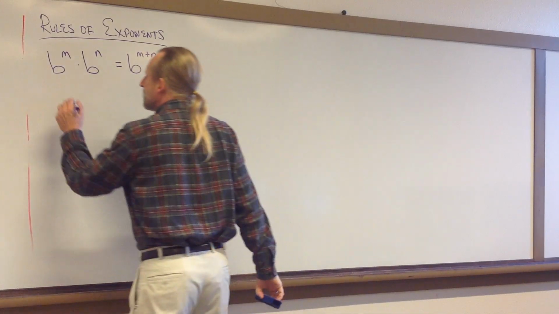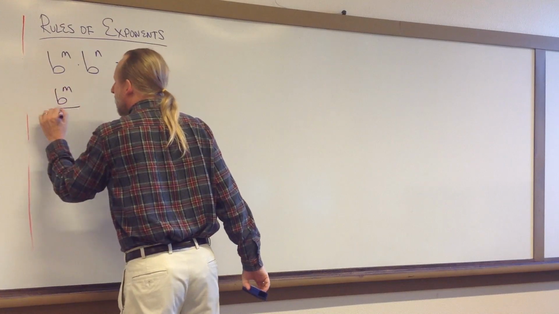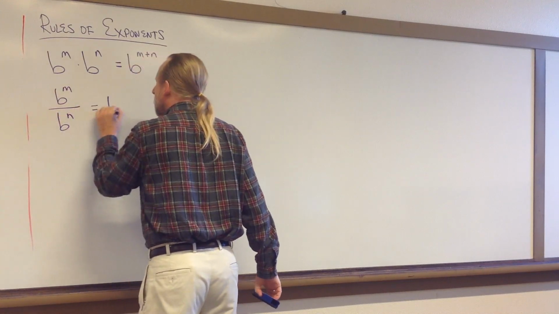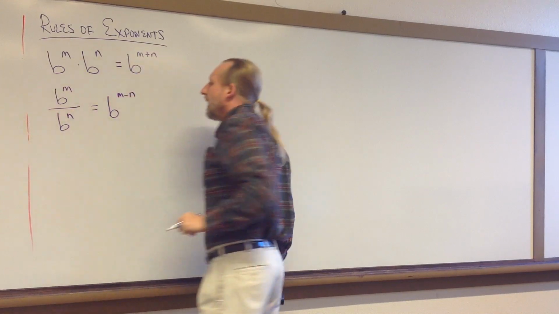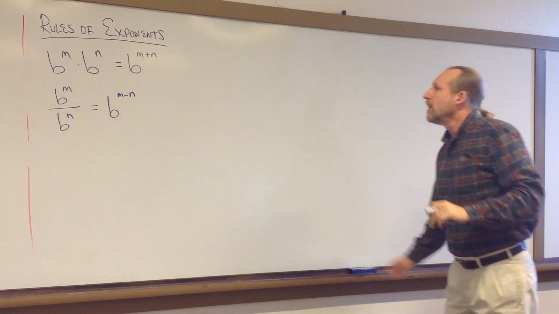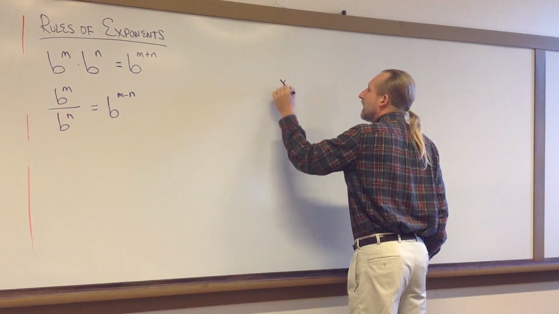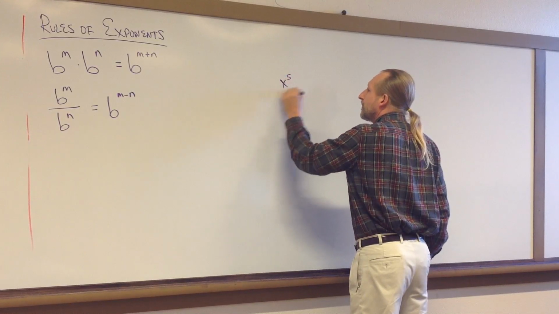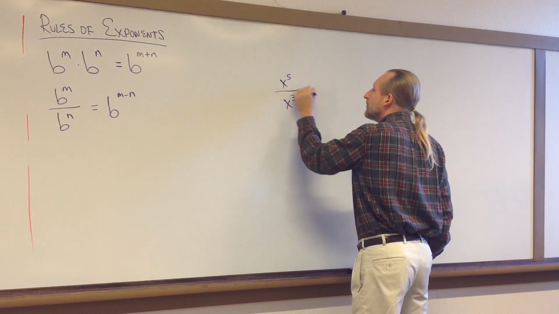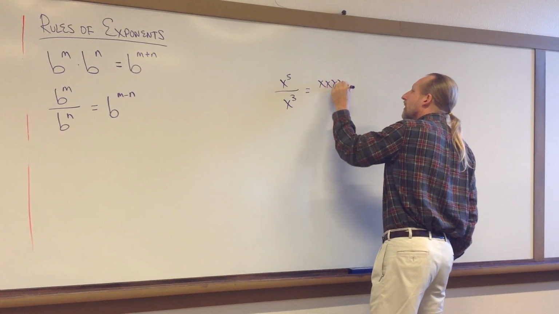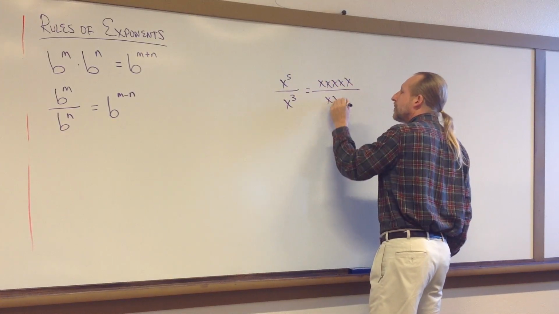Second rule of exponents says if you have b to the m over b to the n, that's b to the m minus n, right? So let's say we've got x to the 5th power over x cubed. So there's our x to the 5th on top.